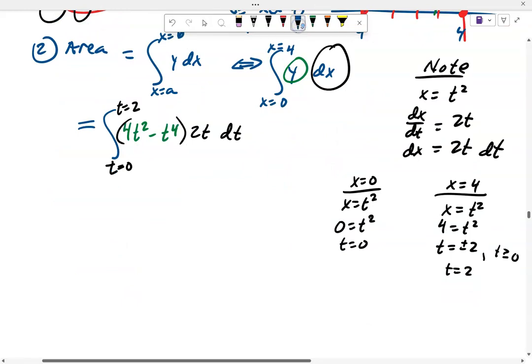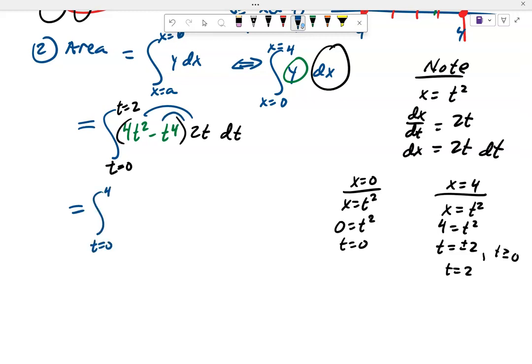But let's go ahead and run this now. Let me distribute that. So I got t being 0 to 2. I've got 8t to the third minus 2t to the, oops, that's not 6, that's 5th, dt.